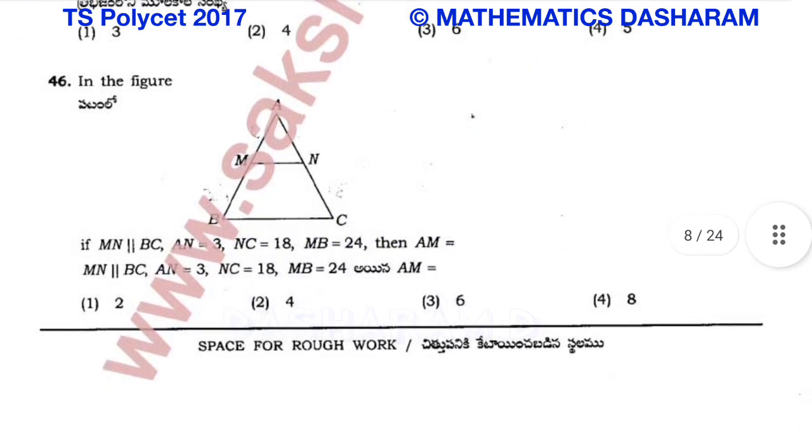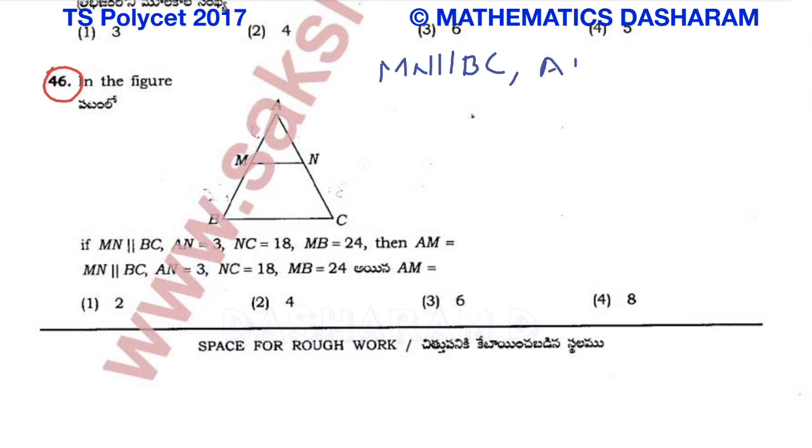So next question 46. In the given figure, MN is parallel to BC, AN is 3, NC is 18, MB is 24, then what is AM? Given that MN is parallel to BC, apply the basic proportionality theorem.